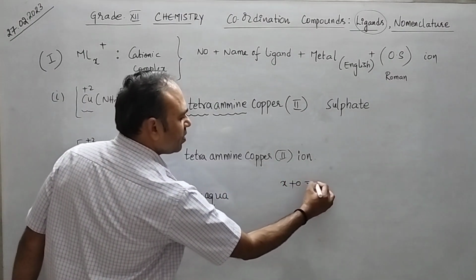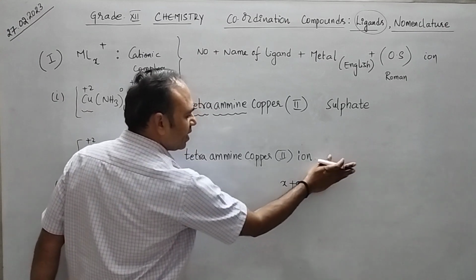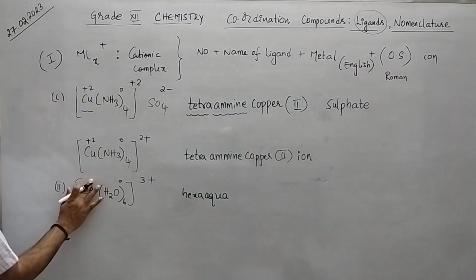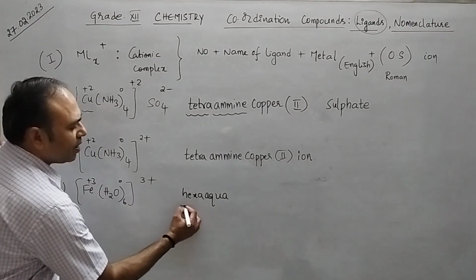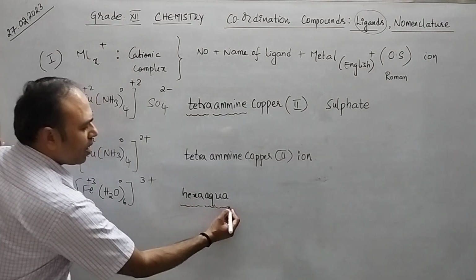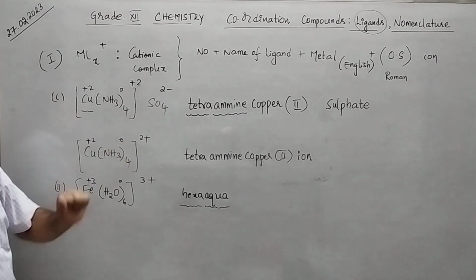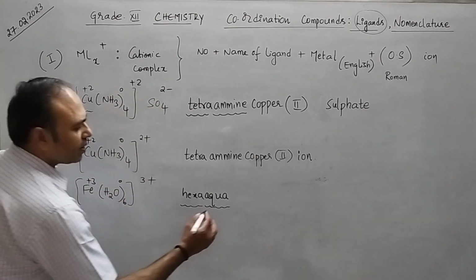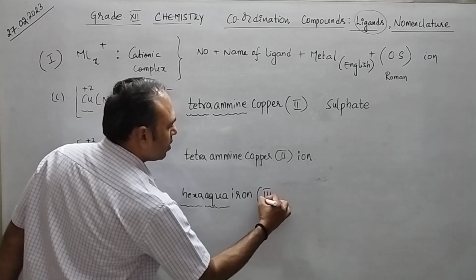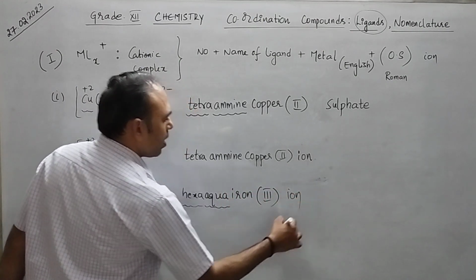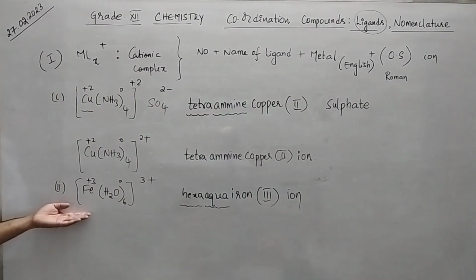X plus 0 is equal to plus 3. Therefore, X is equal to plus 3. Therefore, the oxidation state here will become plus 3. Hope you have understood this. First number, hexa, then name, aqua. After this, because it is a cationic complex, you have to write the metal name in English. Nothing but iron, and Roman number 3, ion. So this will be the name of this cationic complex.